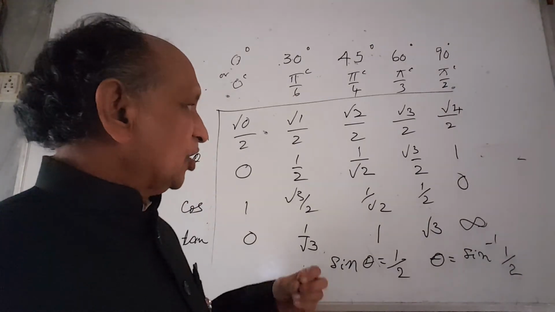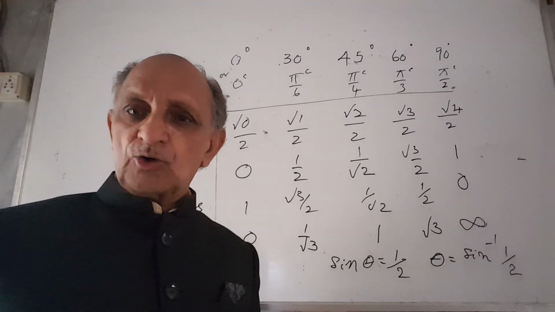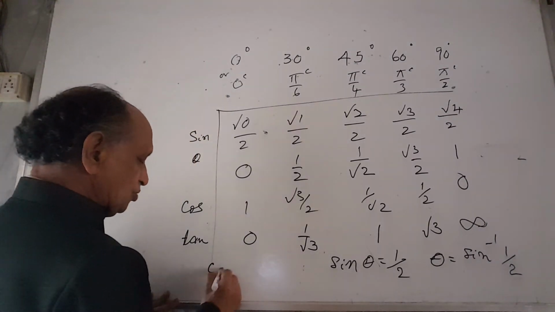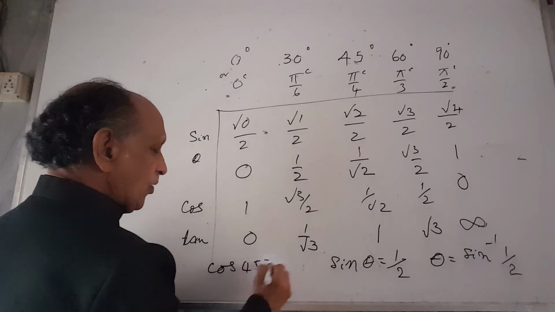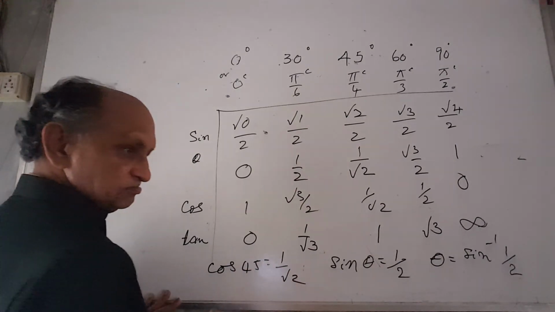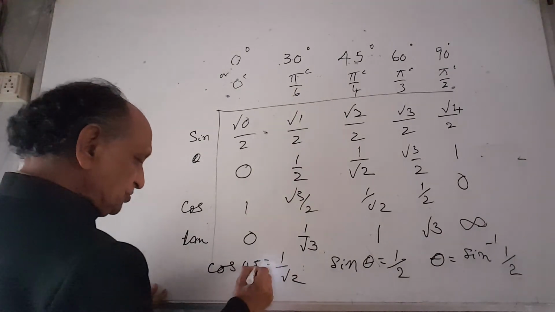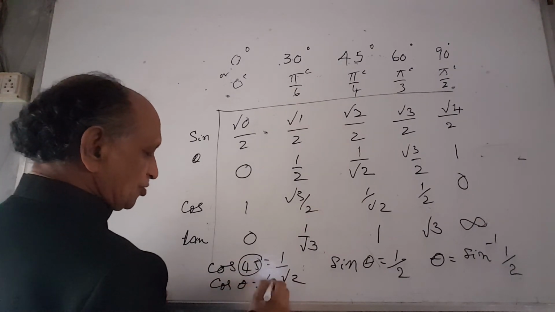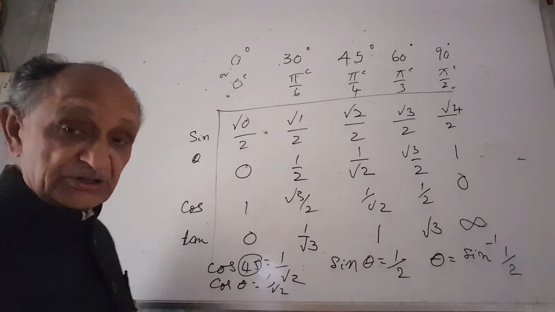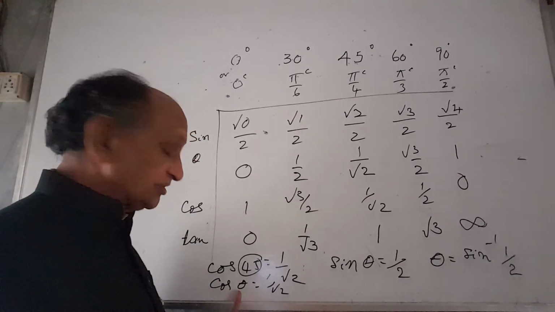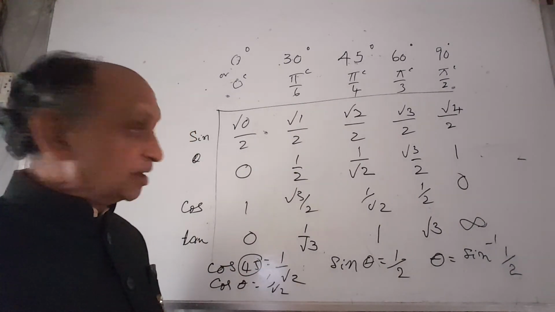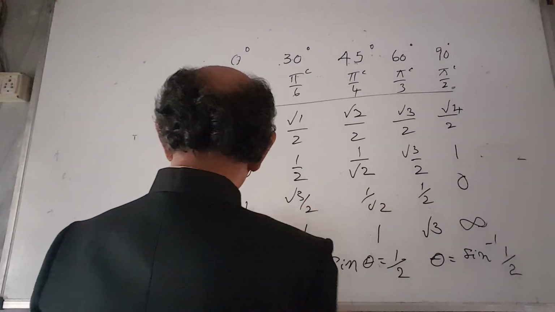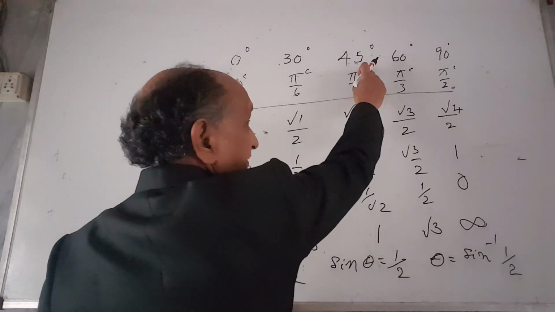And they say cos 45 is equal to 1 by root 2. So instead of 45, suppose they say cos theta is 1 by root 2. What is theta? For what value of theta is cos theta 1 by root 2? 45 degrees.